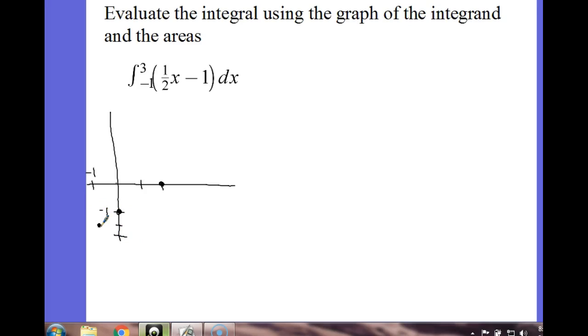Good. And then we have to get to 3. So we care about that region from there to there. So what two shapes do we get?